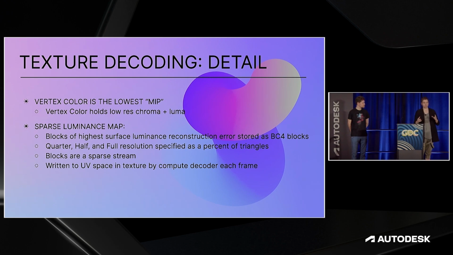So if you think about color as being the hue and then the value, our eyes are much more concerned with whether or not the value is correct than whether or not the hue is correct. So we need less resolution in the hue of a texture than we need in the value. And MPEG and other video formats and texture formats use this to save on data. And those luminance values are stored in BC4 blocks. Those blocks are in a sparse stream, which gets copied into the UV space on the GPU. So let's look at what that looks like.